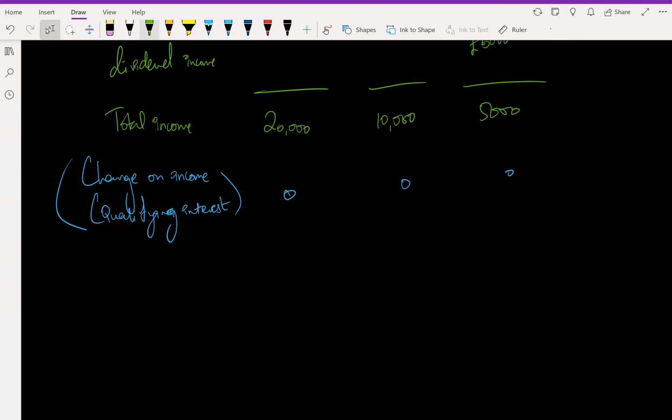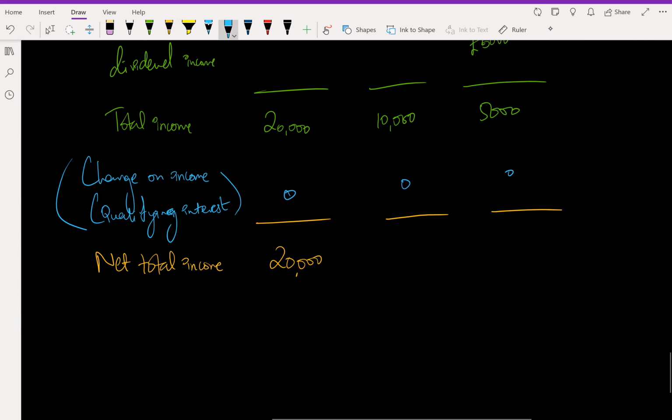Once you've deducted the charge on income, you calculate the net total income. That's a deduction, by the way. It's not addition, it's a deduction. So this would be 10,000 and 5,000.